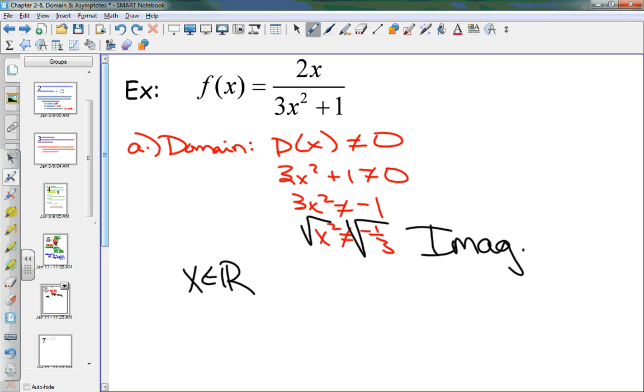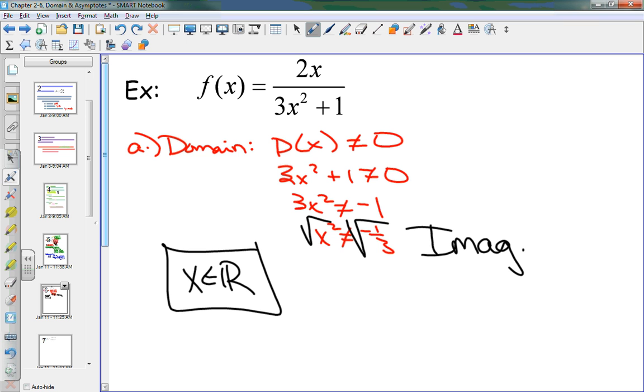My domain is x and the reals because there's no real restrictions. Do we understand that? There's no exclusions in the real number system. Because whenever I solve d of x and set that not equal to 0, the only restriction it's going to give me is a restriction in the imaginary number system.